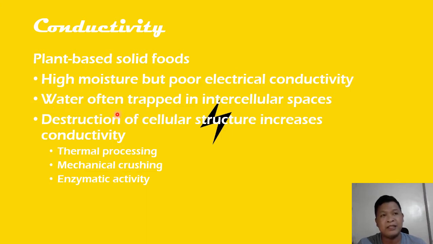Diba? If you can imagine cells na nandun sa loob ng cells yung mga tubig-tubig, so electricity can't travel directly across a plant material. If we do, however, destroy the cellular structures through thermal processing, mechanical crushing, or enzymatic activity, then we might find an increase in conductivity.